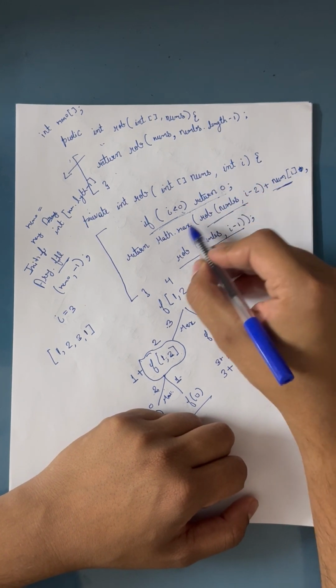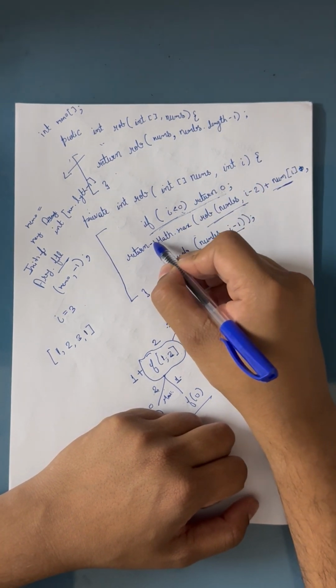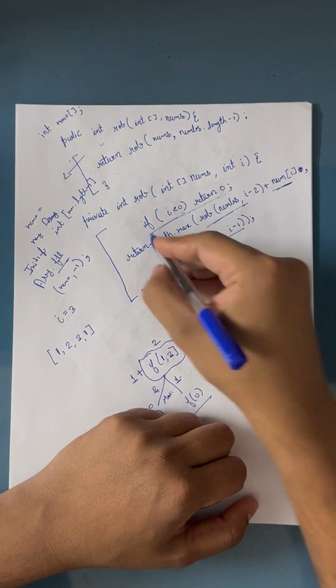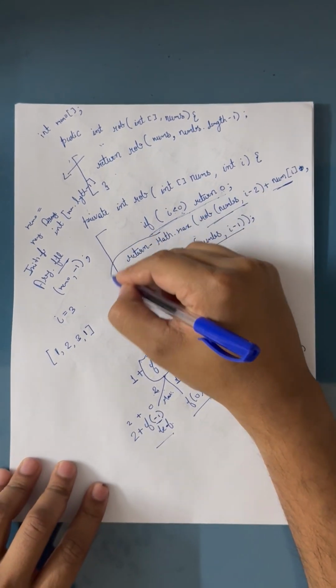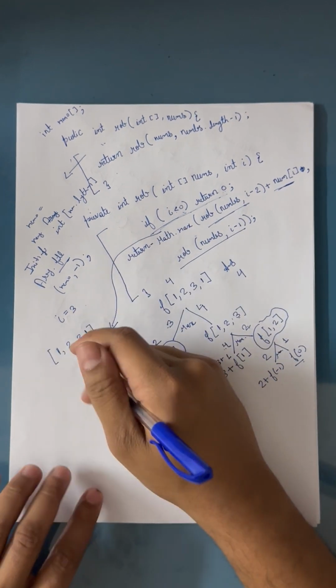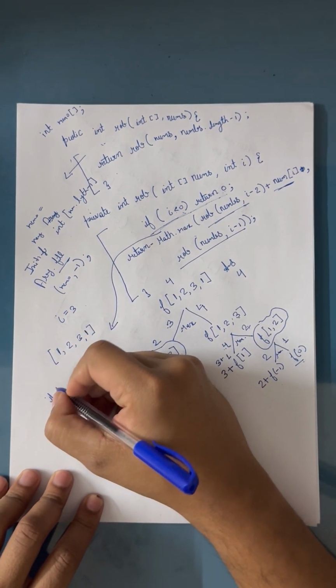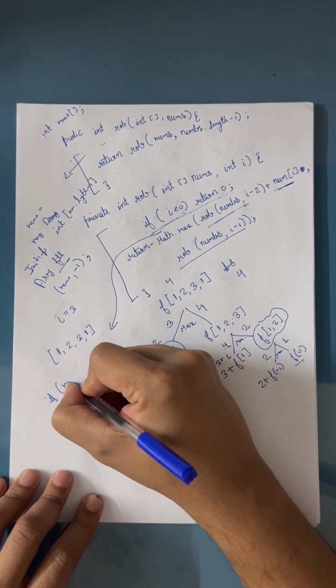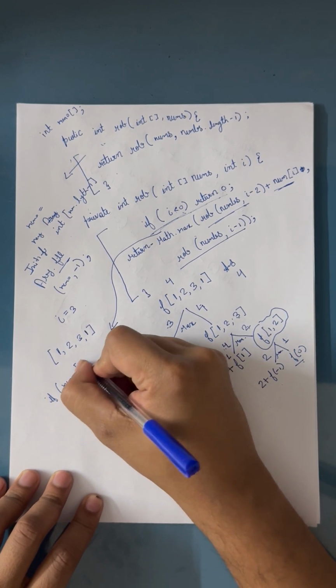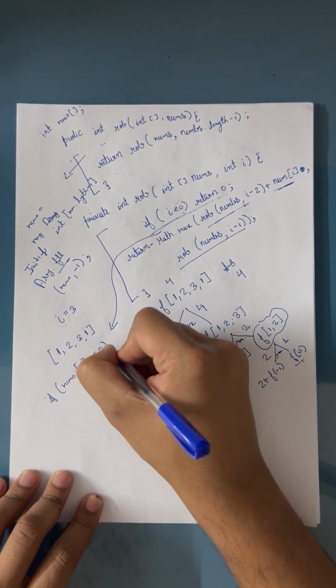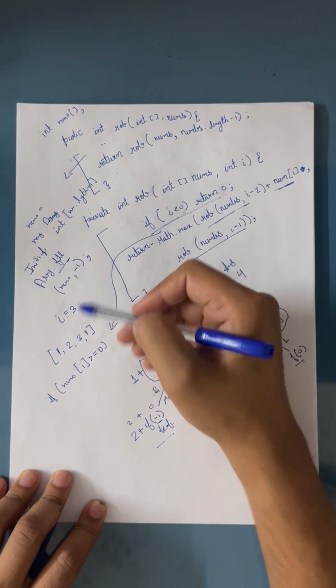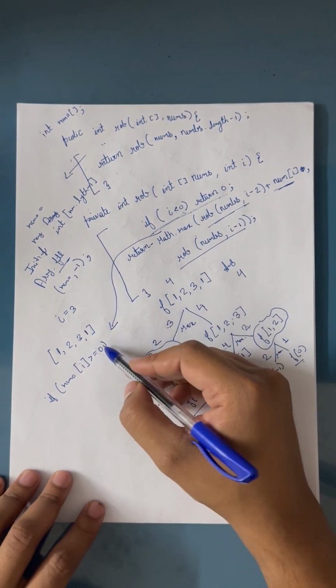But here, before actually calling the recursive function, you will add one line. If that element is available in memory, if memo of i is greater than or equal to 0, that means we have replaced this minus 1 with something. Previously it was minus 1.